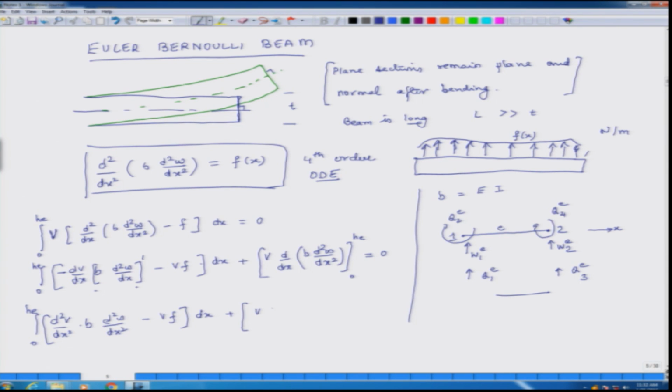One is V times B W prime prime, same as the earlier term, and the other term is V prime B W prime prime, evaluated at 0 and HE, and this equals 0.